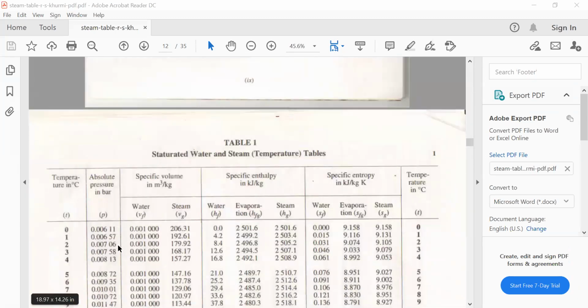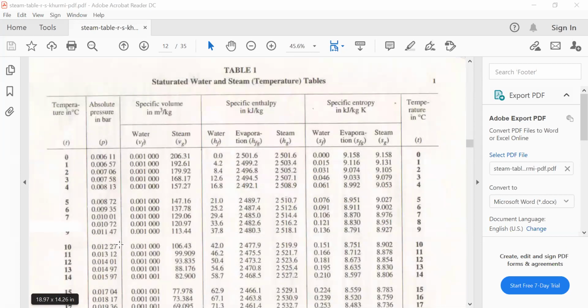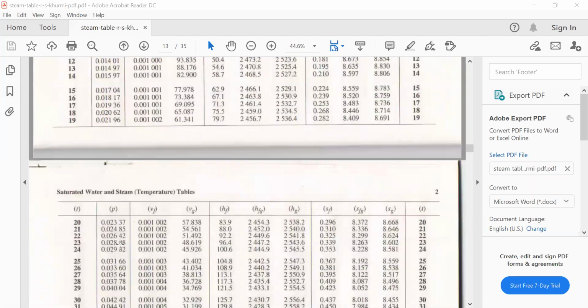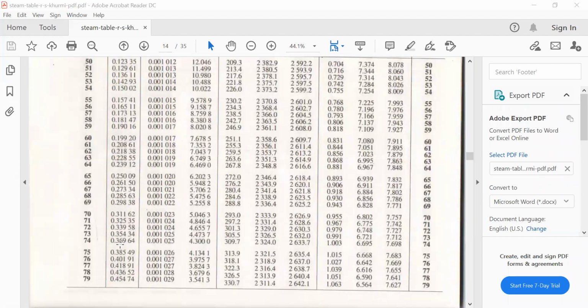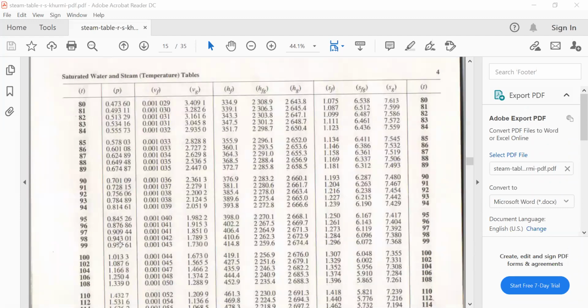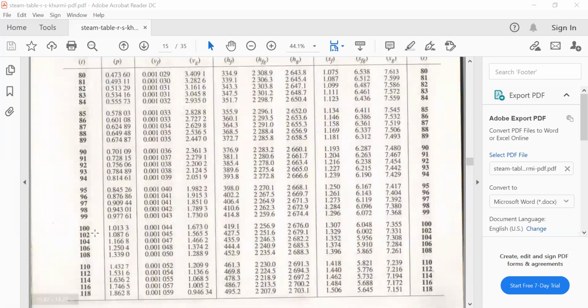Here you will get the properties of steam at 0 degrees centigrade, and like that you can go for every temperature. Go to 100 degrees centigrade.